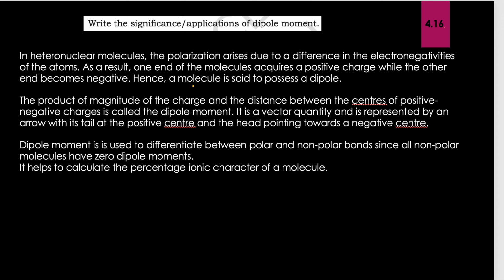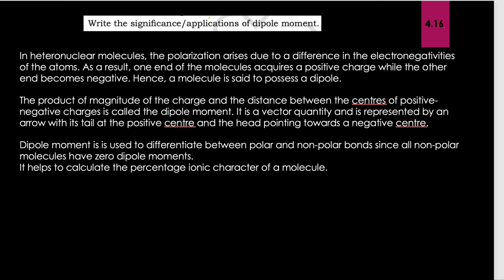in a molecule. Now, when you have different electronegativities, what happens? What is happening in the molecule? There is polarization, because when you have a heteronuclear molecule, there is a difference in electronegativity.